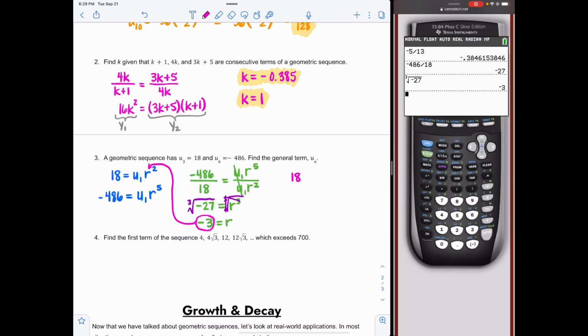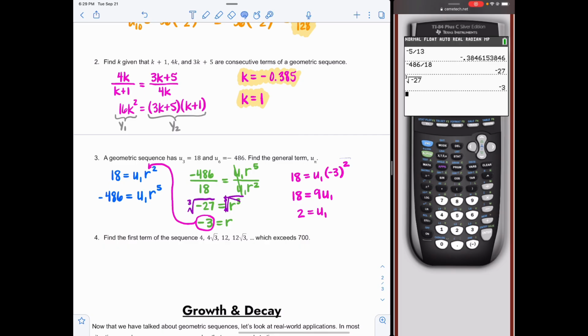So here I will have 18 is equal to u sub 1 times negative 3 to the power of 2. We know that negative 3 squared is equal to 9, so that is the same thing as 9 times u sub 1. If you divide both sides by 9, you will end up getting that u sub 1 is equal to 2.